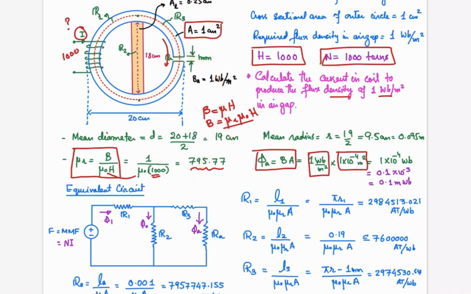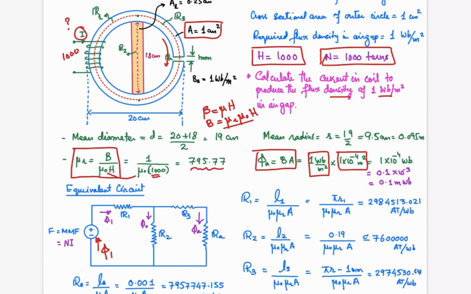So the flux that will be developed over here from your magnetomotive force, let's suppose that is phi, and phi 1, moving like that, will be divided into two parts. The flux that will be going into the central part is this one, and the flux that will be going in this path is phi A. So it will be looking at the series combination of these two reluctances, core and the air gap, and that is given to us that this flux should be equal to 0.1 milliweber.